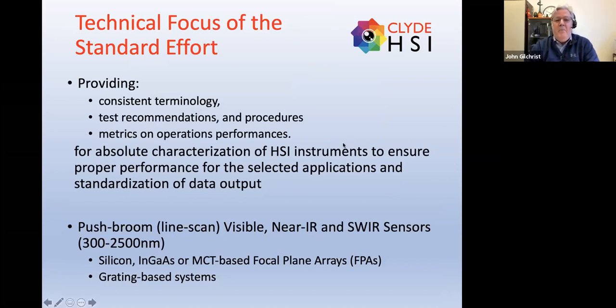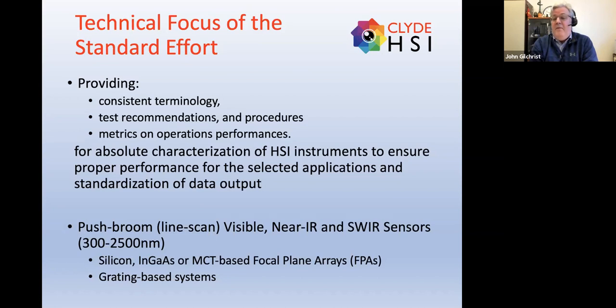Now, the problem comes in that for every camera manufacturer and every application area and every mode of scanning, I beg your pardon, there is not a consistent terminology for a particular parameter. It means that each manufacturer has their own term which means something. For example, spectral resolution. What does spectral resolution mean?